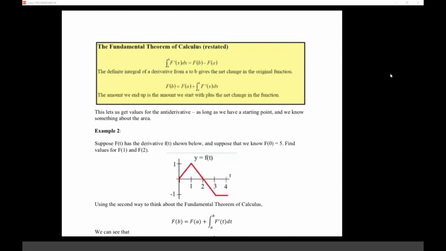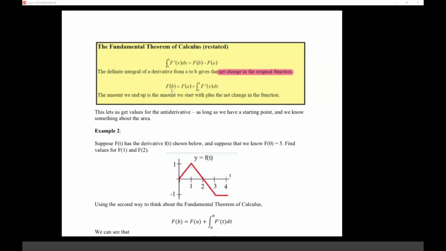So if we want to think of it like this, we say the definite integral gives us the net change in the original function, okay? Net change, when you think of net, like in a business sense, you're usually doing a subtraction, right? Well, this is the subtraction right here, okay? So it's whatever the total under the curve was at A, take that away from what it was at B. So you're getting the difference in between, okay?